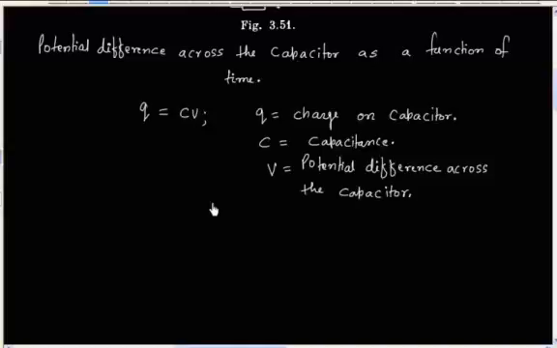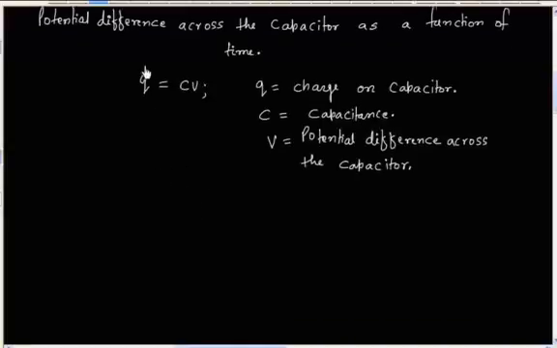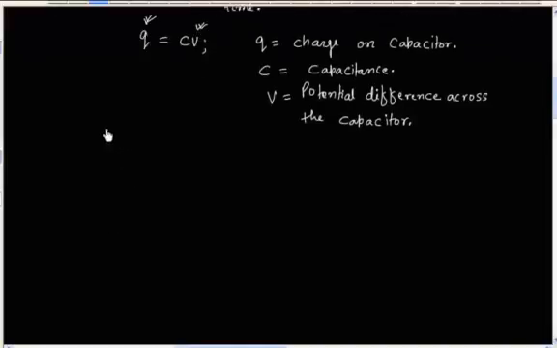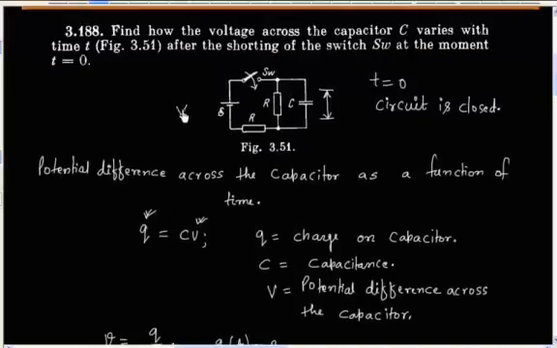This means if I can calculate charge as a function of time, we can calculate potential difference as a function of time. That is, V equals Q by C. So we are interested to find charge as a function of time. Let us redraw this circuit again.